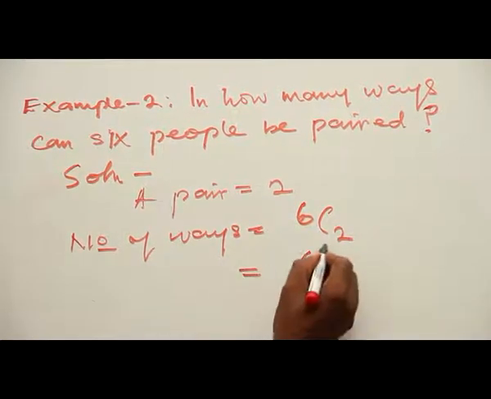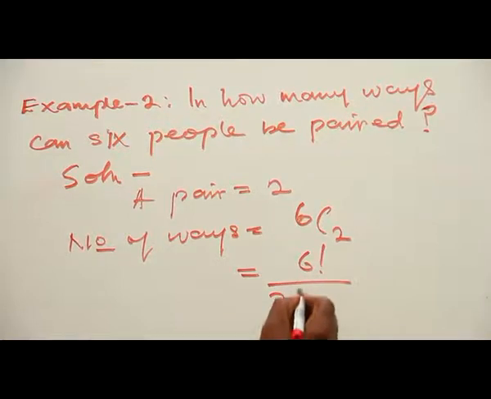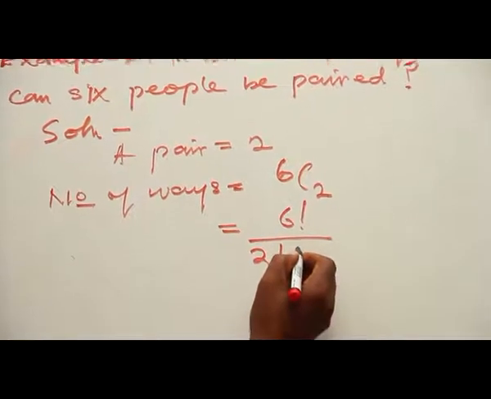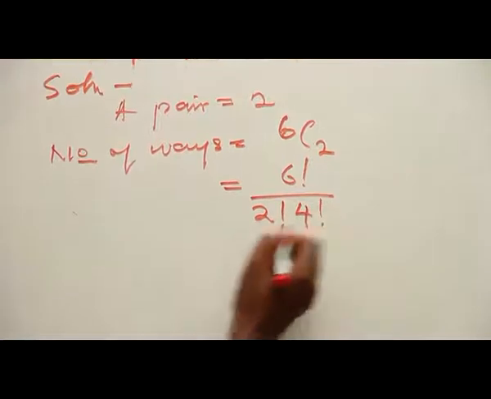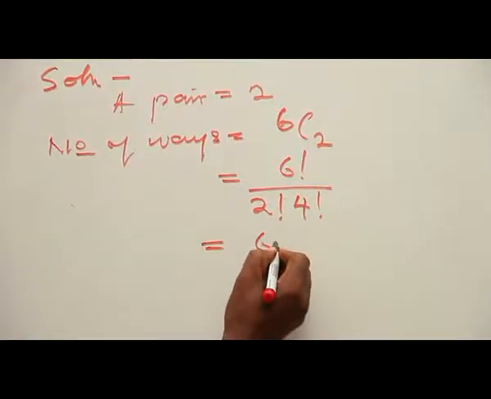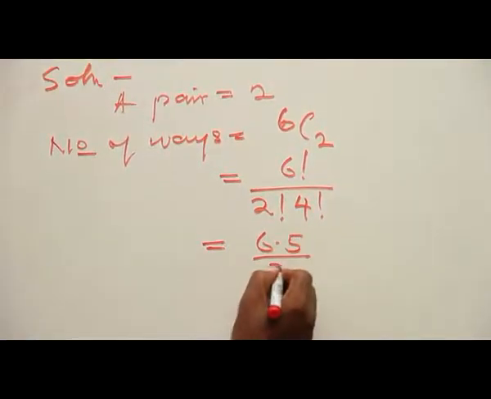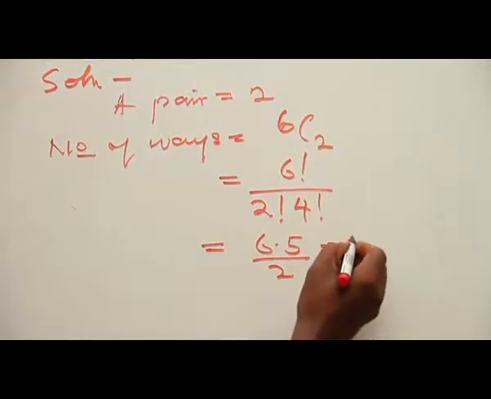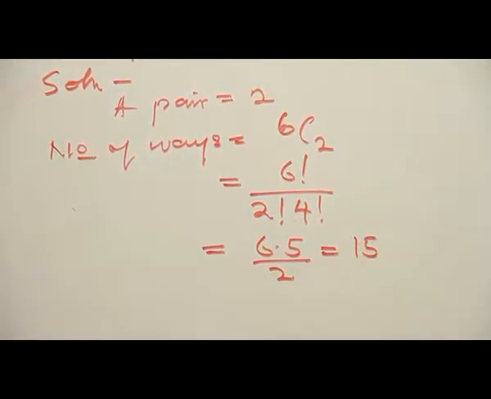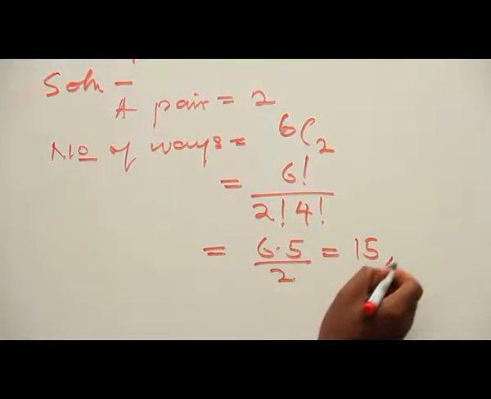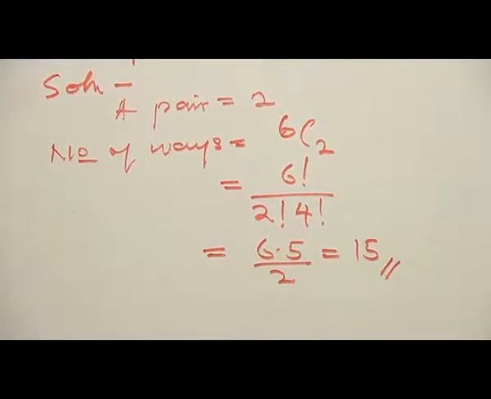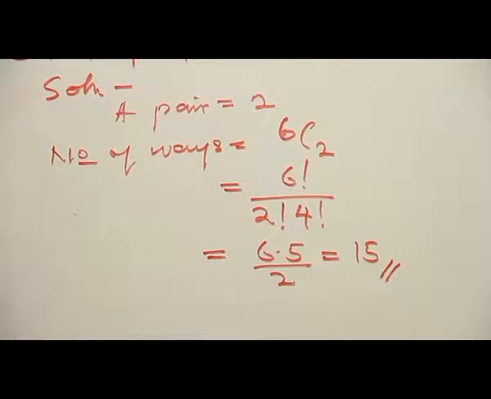And so that becomes 6 factorial over 2 factorial times 6 minus 2, which is 4 factorial. Giving you 6 times 5 all over 2, and that is equal to 15. So 6 people can be paired in 15 different ways.